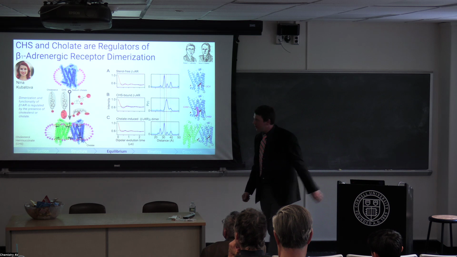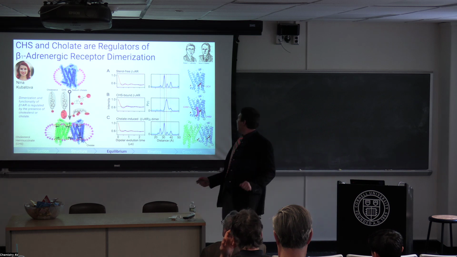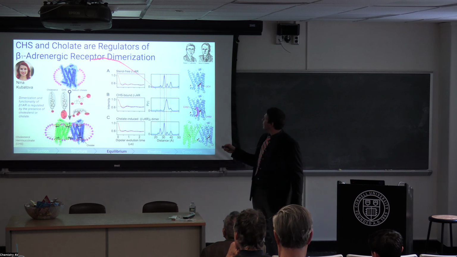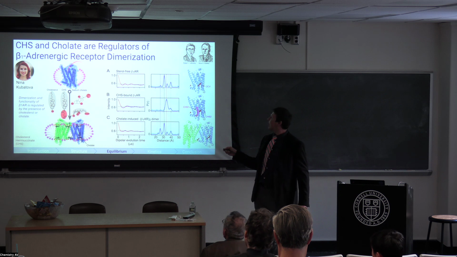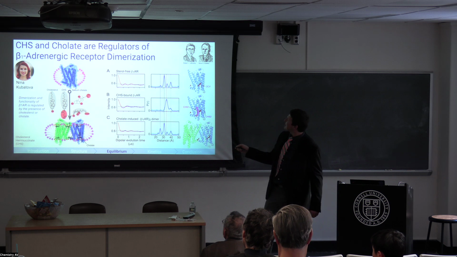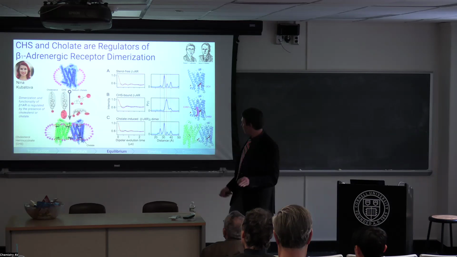Now, this was in collaboration with Nia Kobatova, and the question we're trying to ask is: how can we explain the transition from monomer towards a dimeric state of the GPCR?